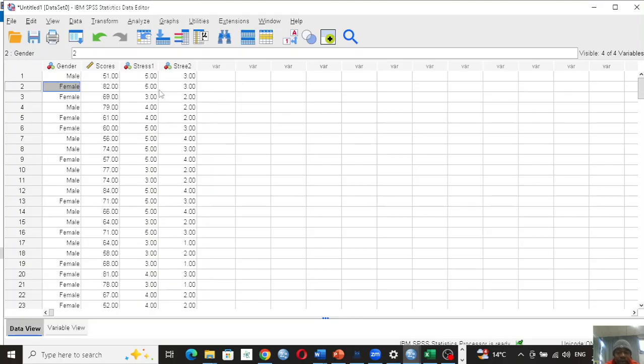So maybe we want to compare the performance of a particular drug. Before the introduction of the drug, we could see that the students are suffering more from a particular disease. Or let me say, maybe the students want to introduce something to check whether it can boost their performance in school. Let me use smoking.